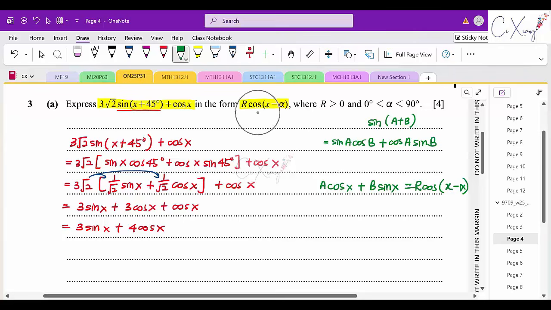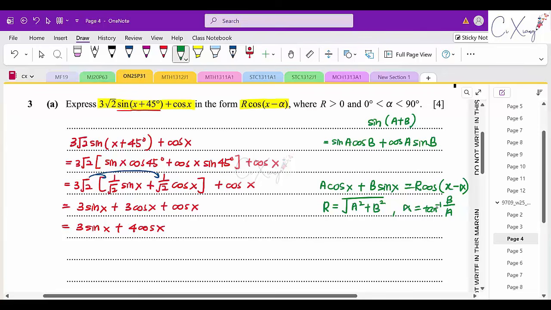So they want you to change it to the cos. That means I want to put the cos x in front. Then there's a certain formula to get the r. So how can we get the r? Basically, it equals the square root of a squared plus b squared. Then to get the alpha, it will be the inverse tangent of b over a. So you can see that the sequence here is very important, because if you put the sine x in front and cos x at the back, then your alpha will be different.